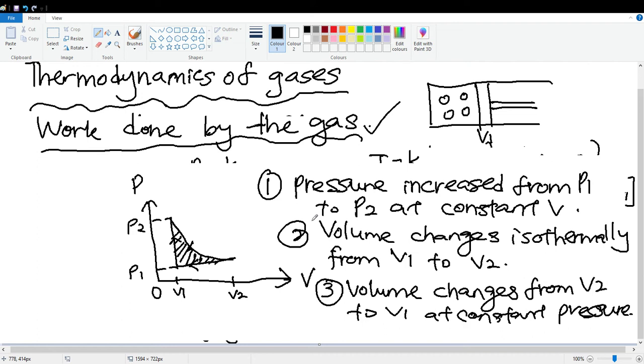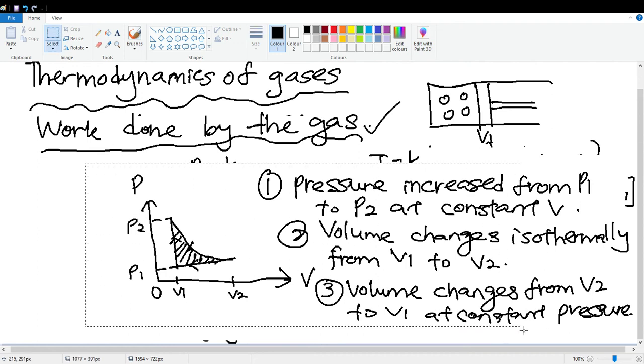It's not necessary that the question will come out in this type of statement, but the question may ask in another form of statement. So we need to understand the concept step by step so that we are able to see which one is the process and which one is their condition. So that's it for the work done by the gas.